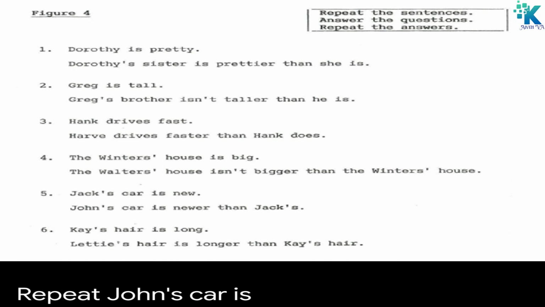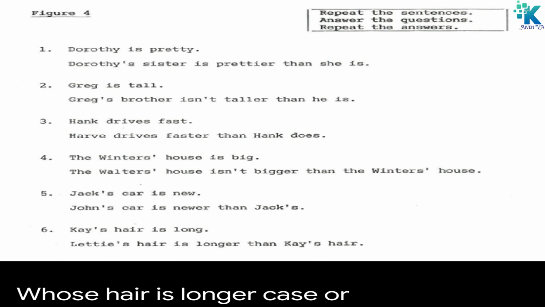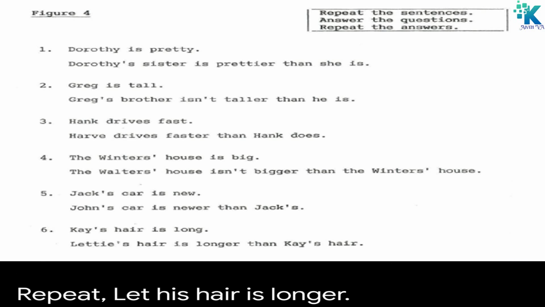Repeat. John's car is newer than Jack's. Whose hair is longer, Kay's or Letty's? Repeat. Letty's hair is longer than Kay's.